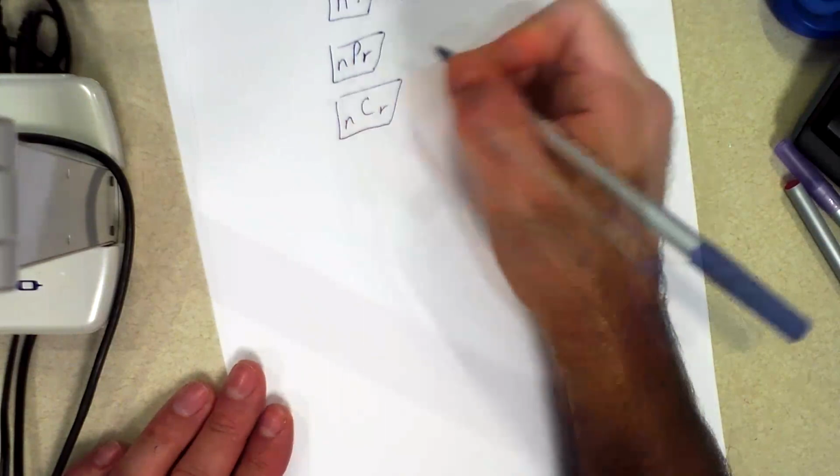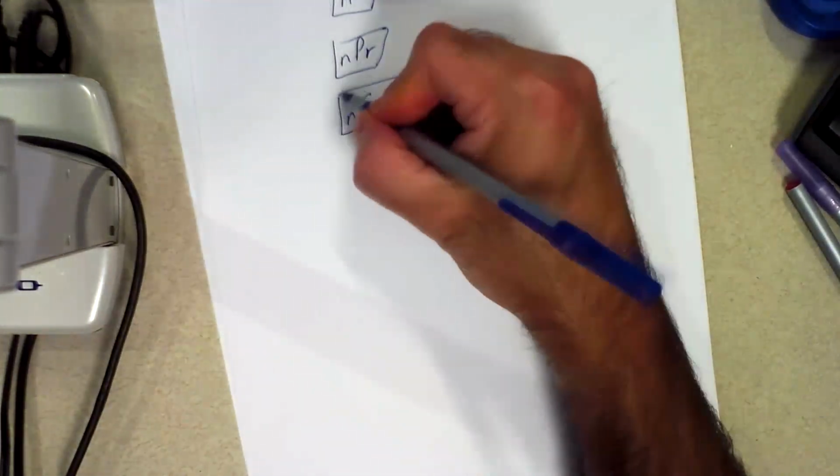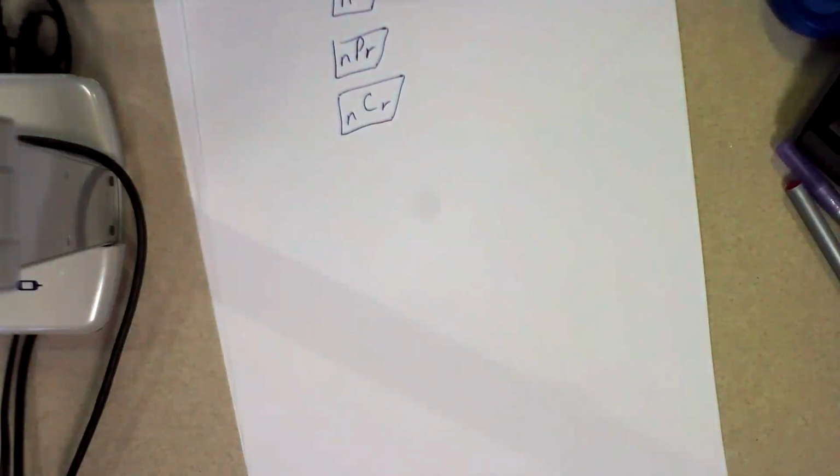Don't worry, we're going to go through the word problems in a minute, and we're going to distinguish which of these three options we choose to use for our word problems.